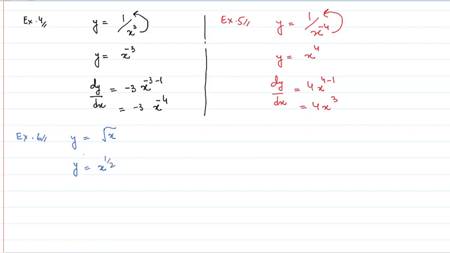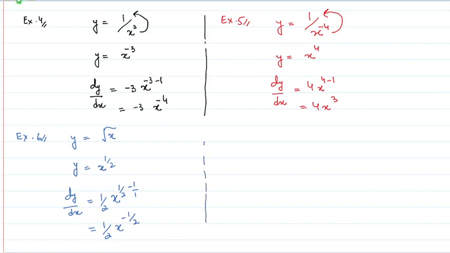So dy upon dx will be equal to 1 by 2 x raised power 1 by 2 minus 1. Okay, you will solve this. It will be equal to 1 by 2 x raised power 1 minus 2, that means minus 1 by 2.